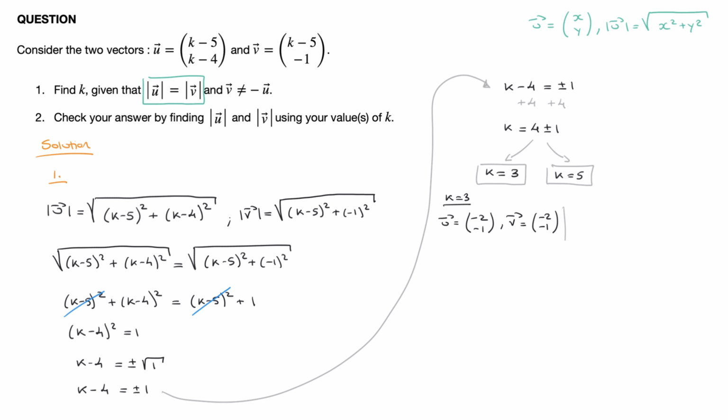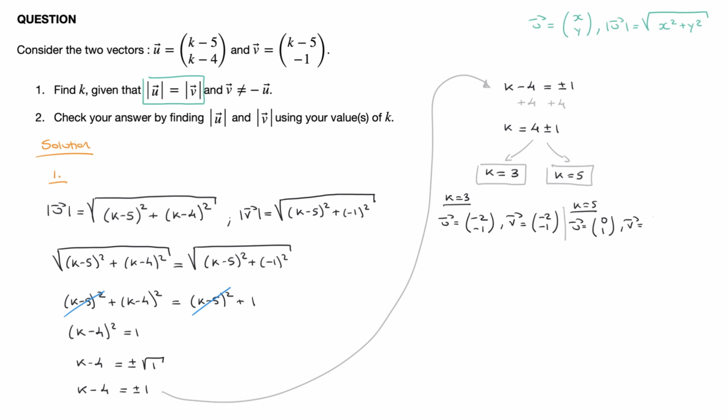But let's quickly check what k equals to 5 gives us. So k equals to 5. Well, let's see, if k is equal to 5, vector u becomes 5 minus 5, which is 0, and 5 minus 4, which is 1. So if I quickly write that, vector u would have components 0 and 1, and vector v, on the other hand, well, if k equals to 5, would be 5 minus 5, which is 0, and negative 1 as the y component.